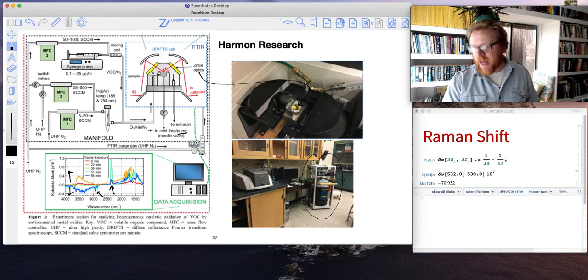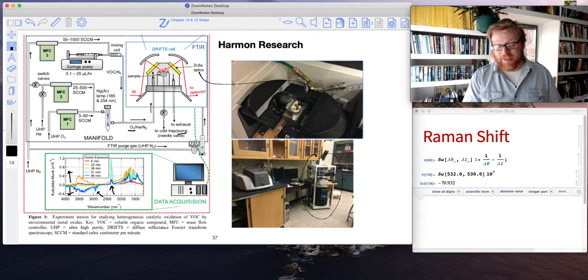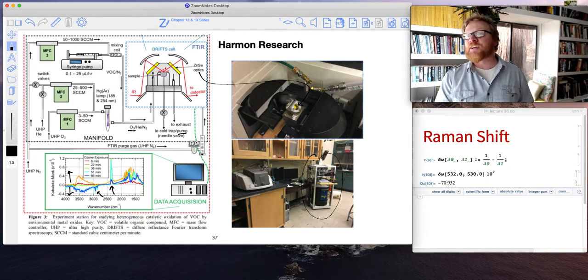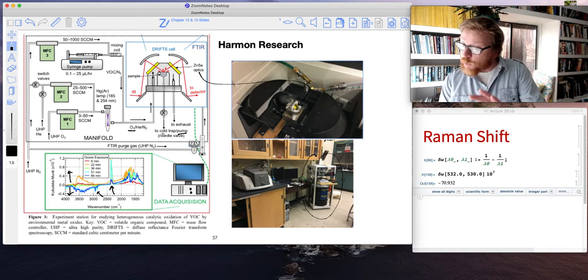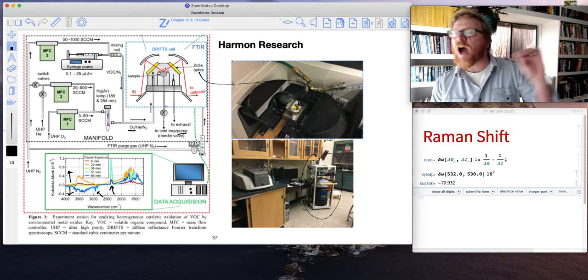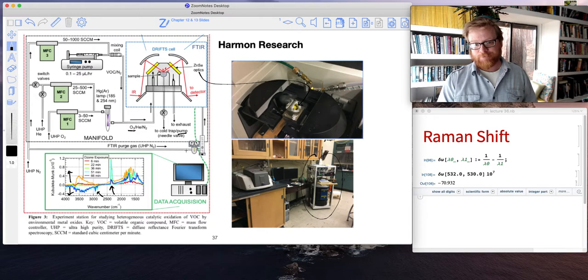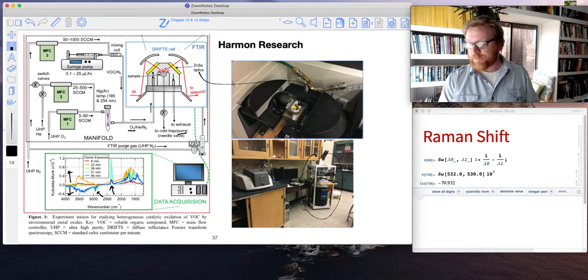Then we change that inert environment to some chemically oxidizing environment, for example, something that's going to actually induce a reaction. We record single beam spectra in time and ratio those to the original background spectra. That's how we do kinetics in my lab using the DRIFTS technique.